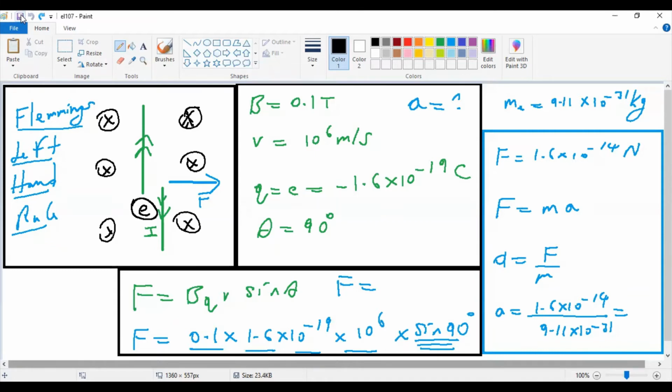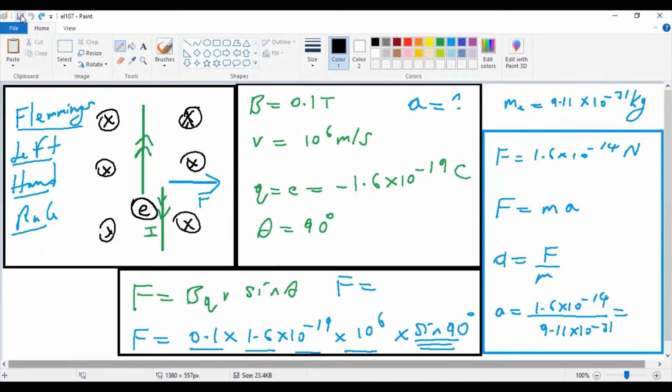Sir, I don't know if this is right, but 1.756 times 10 to the 11th. Let me think of a calculator finally. That's 1.6 times 10 to the negative 14, and that will be divided by 9.11 times 10 to the negative 31.